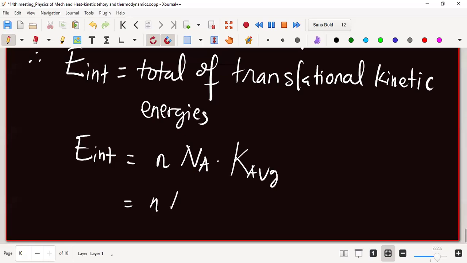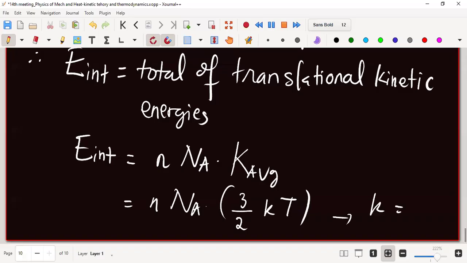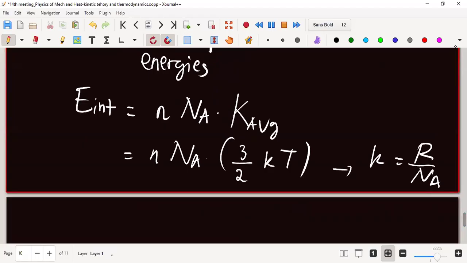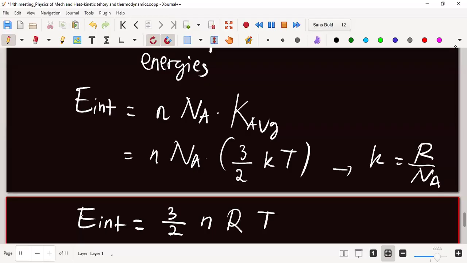K average is 3/2 kT, because k is R divided by NA, or k times NA is R. So we can say that the internal energy of monoatomic gas is equal to 3/2 nRT.